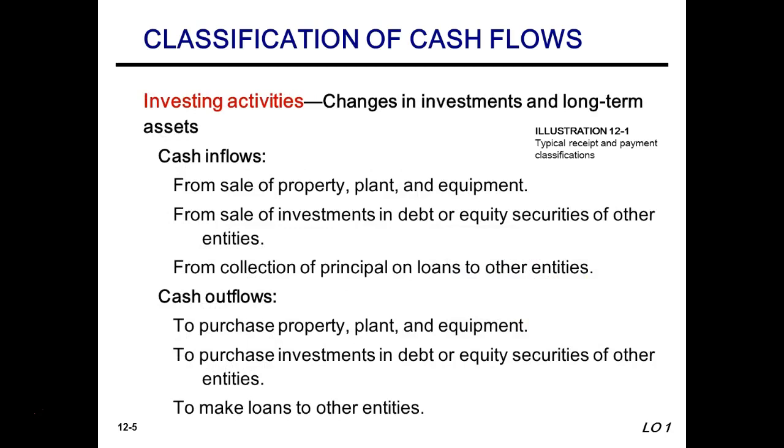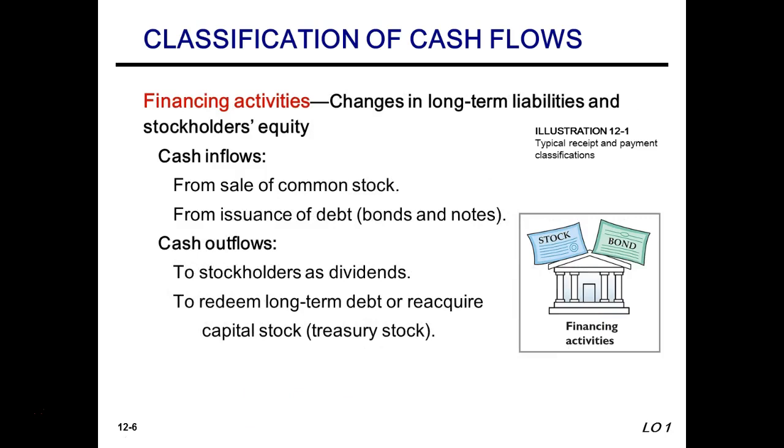Then we have our investing activities. Again, there is a cash inflow from the sale of property, plant, and equipment and the sale of investments, and outflows for the purchase of property, plant, and equipment and the purchase of investments. Less common is making loans to other entities. And then our financing activity: how are we going to raise money to pay for things?